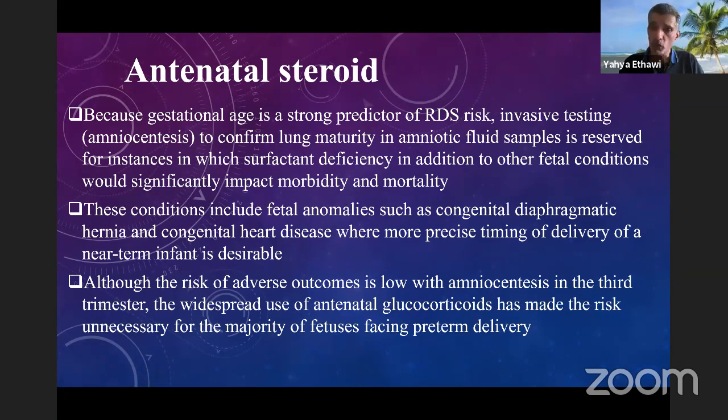Now, because we know that when the child is premature, mostly the lung will be immature, clinically, we do not need to test for lung maturity. Once the child is preterm, we know it's prone to RDS, and we know the lung is immature, then we need to decide about antenatal steroid. However, we need to exclude some congenital problems, such as congenital diaphragmatic hernia, congenital heart disease, especially if the child is late preterm and term.